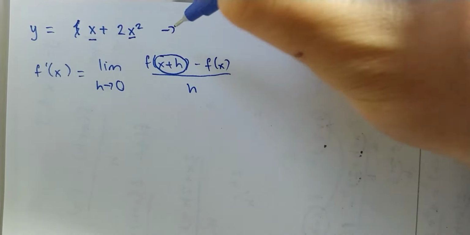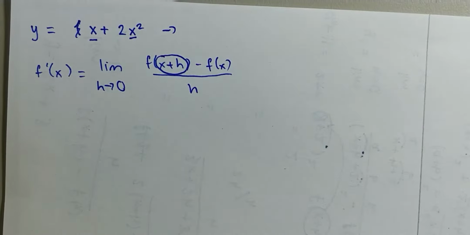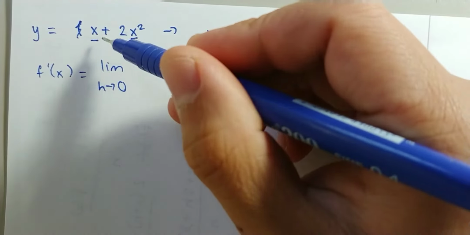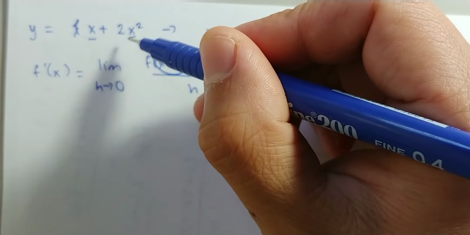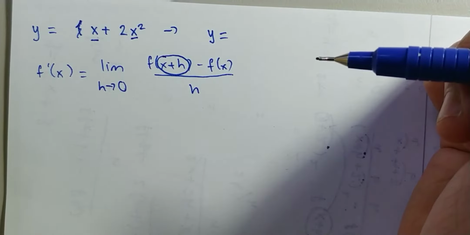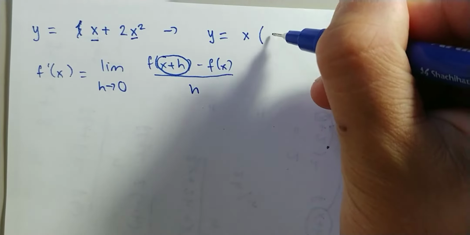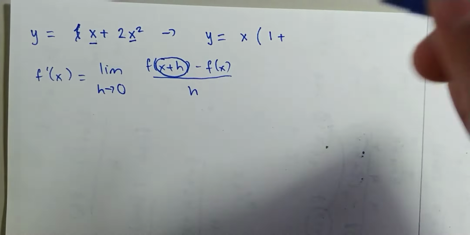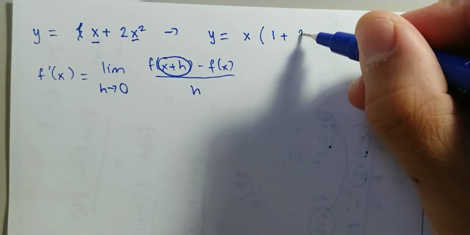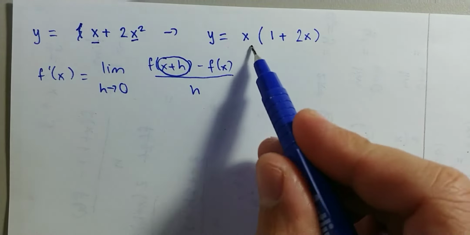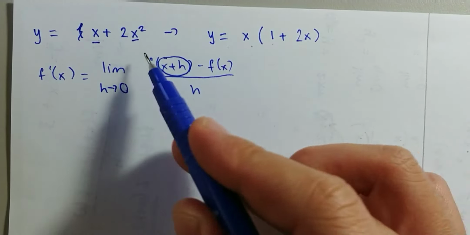But this is quite a special case because you can actually factorize it, which means you can take the x outside of these two terms, which leaves you inside the bracket just 1 plus 2x. So quickly double check, when you expand it out, you get x and 2x squared.